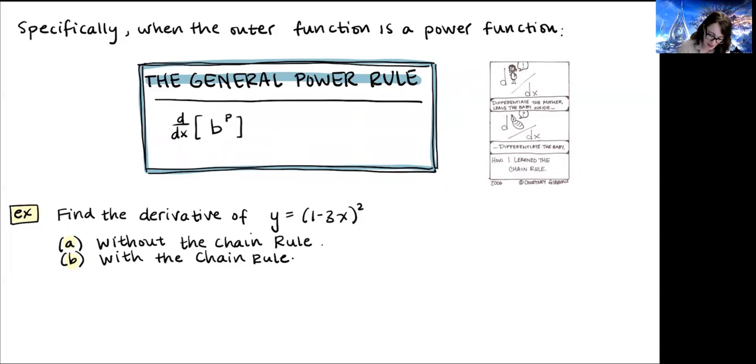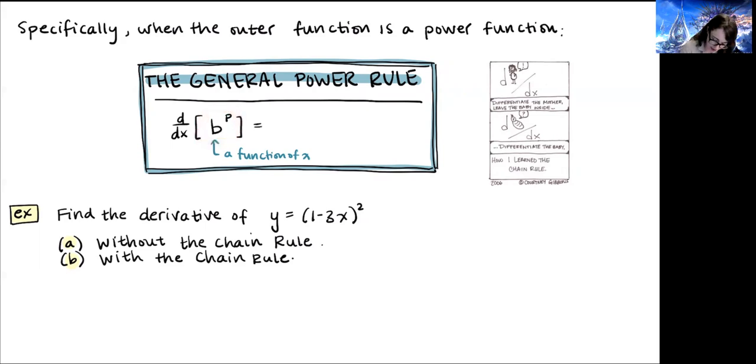The b, I'm just using as a base, but this is really representing a function of x. So we could use f of x instead, but normally our whole function is called f of x, so that can get a little confusing. So I'm just going to use b for base, but really it stands for a formula or a function of x.